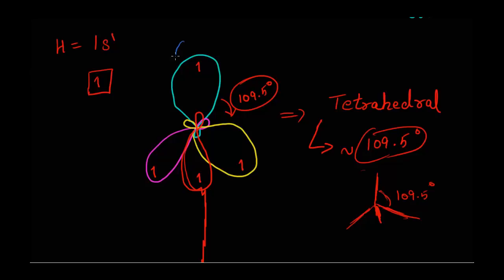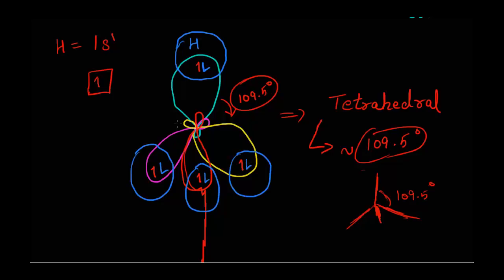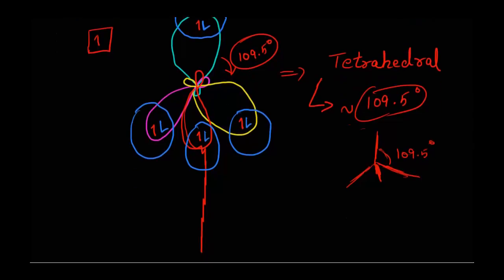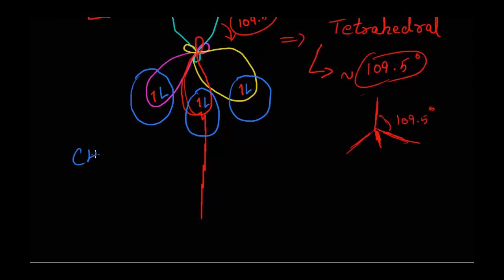It will bond with these hybrid orbitals and share its electron with the carbon. So these are my four hydrogens, and this is how my CH4 molecule will look. It will have a tetrahedral geometry.